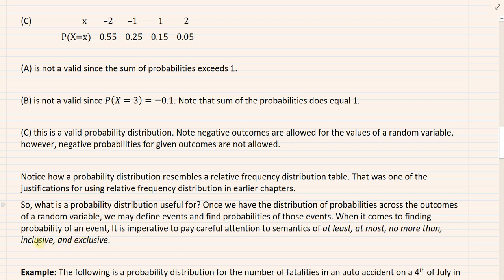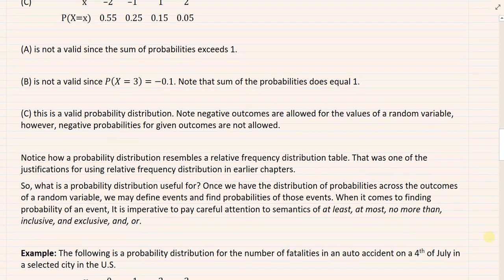So are these outcomes inclusive or exclusive? All of these semantics play a key role. When we say and, when we say or, these are all important notions for us.